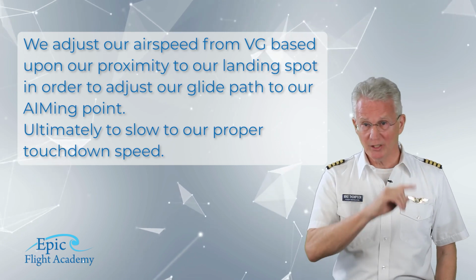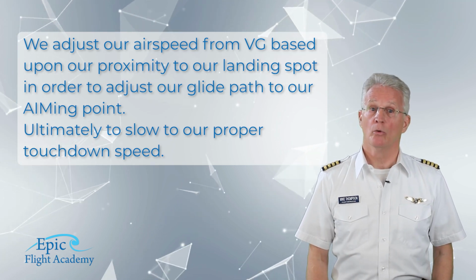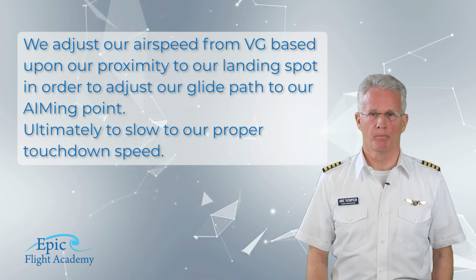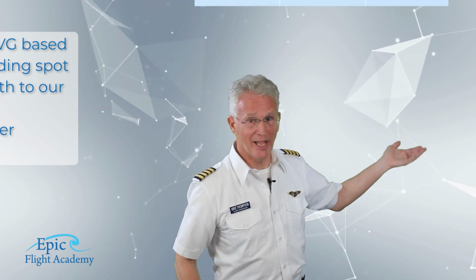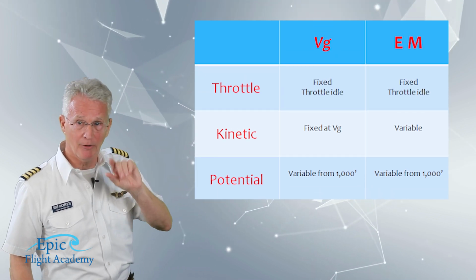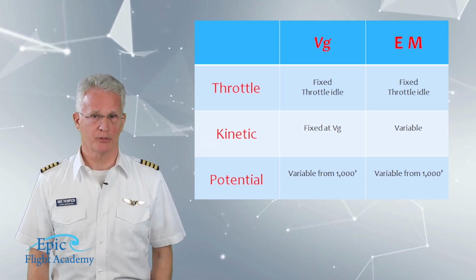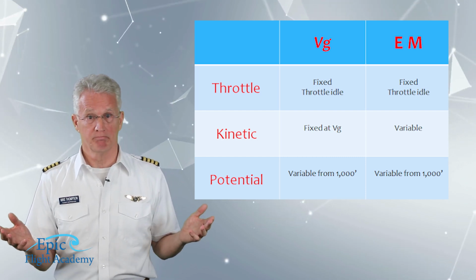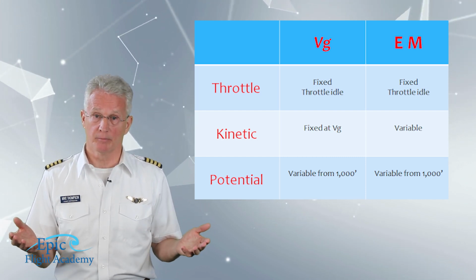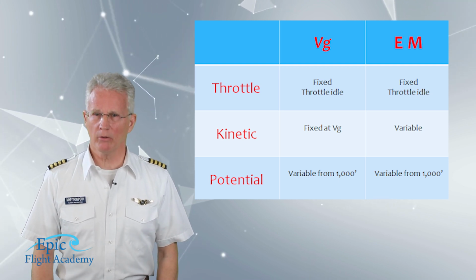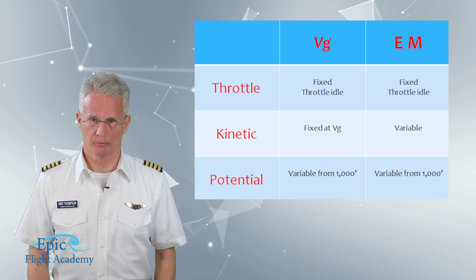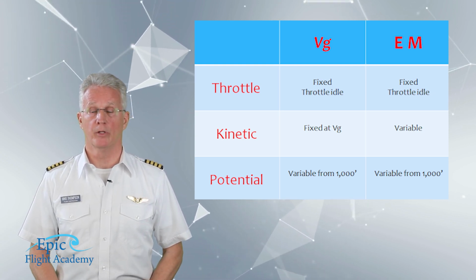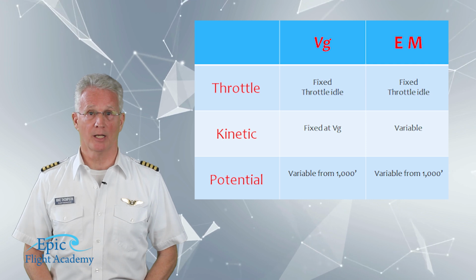By adjusting the airspeed as needed, we give ourselves more kinetic energy options. We show that in this table comparing a single airspeed approach or fixed kinetic energy, called the VG technique, to the variable airspeed approach or variable kinetic energy, called the energy management technique.